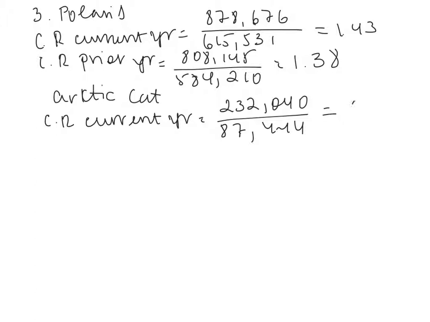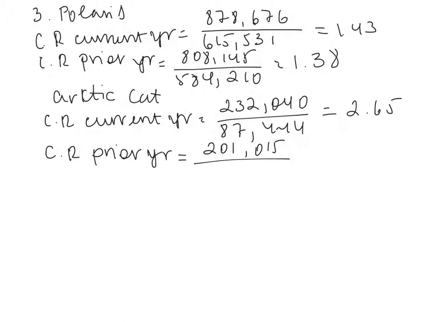That gives us 2.65. And the current ratio for prior year for Arctic Cat is the current assets of 201,015 over 75,320, which gives us 2.67.